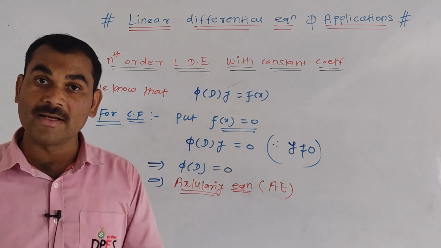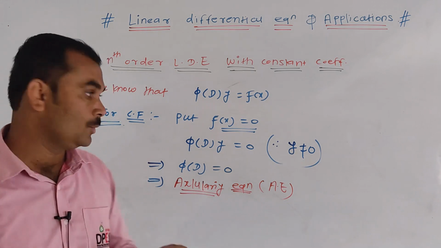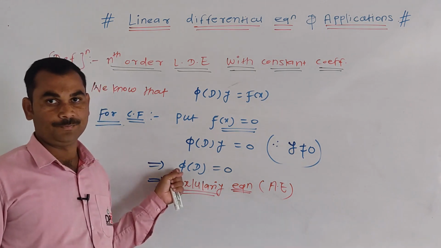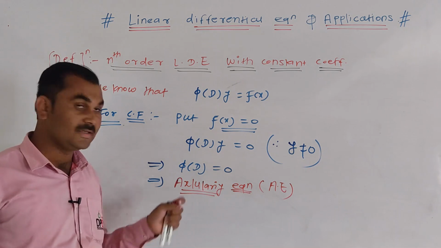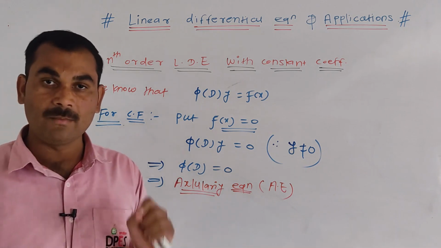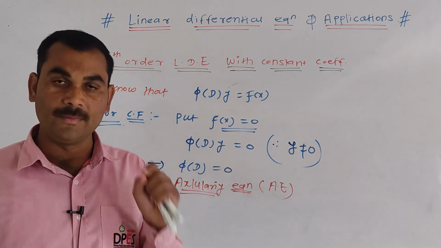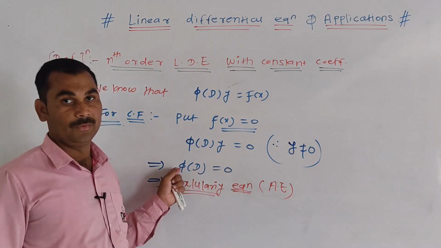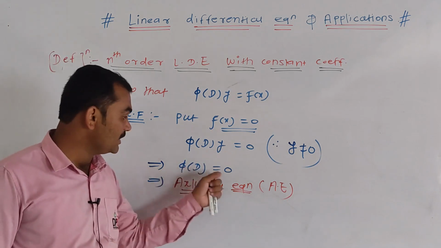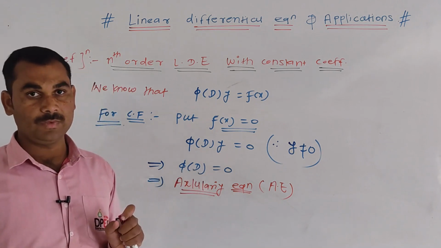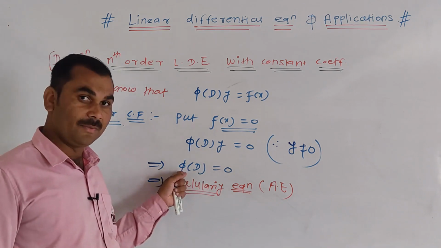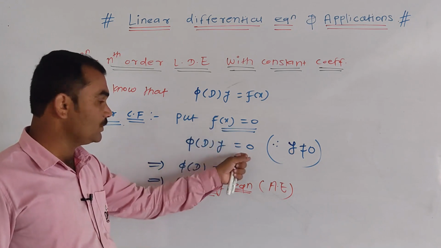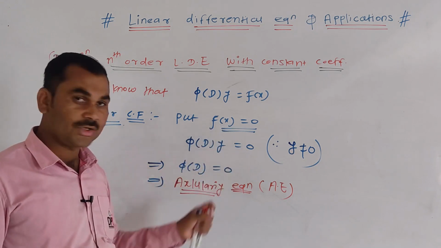Then depending upon the nature of the roots, we have to write CF directly. We get CF from phi of D is equal to 0. How to find CF? Put f of x is equal to 0. We get phi of D into y is equal to 0.